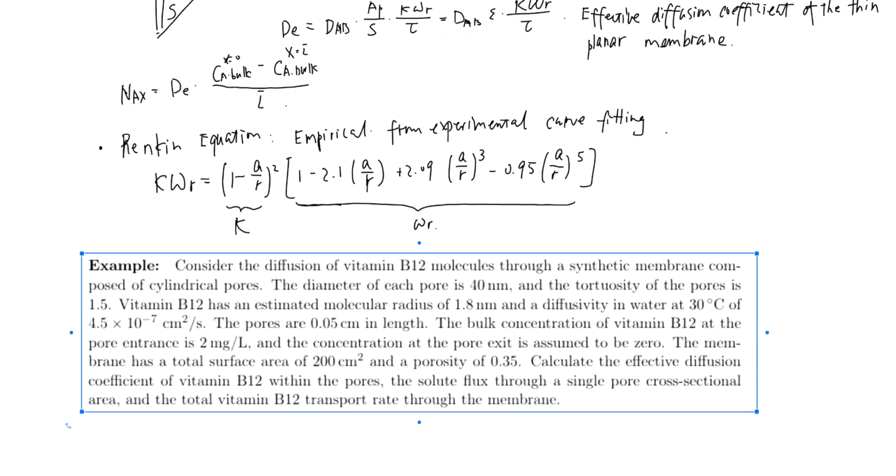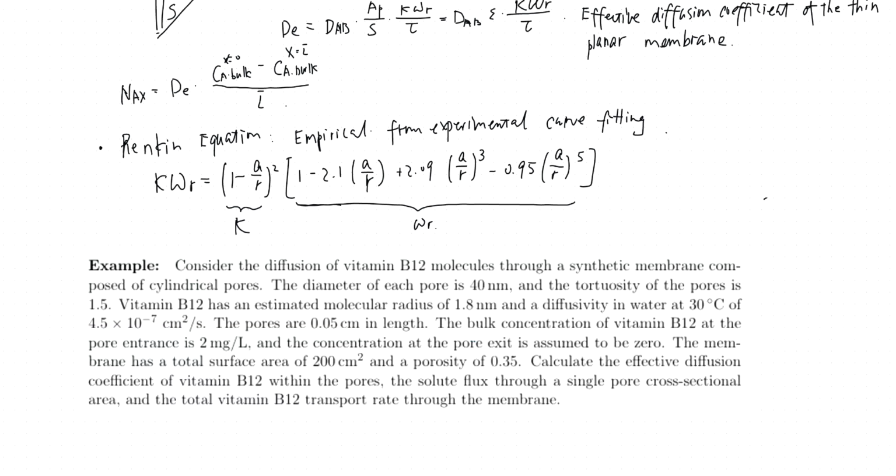So consider the diffusion of vitamin B12 molecules through a synthetic membrane composed of cylindrical pores. The diameter of each pore is 40 nanometers. And the tortuosity of the pores is given as 1.5. This vitamin has an estimated molecular radius and diffusivity in water.